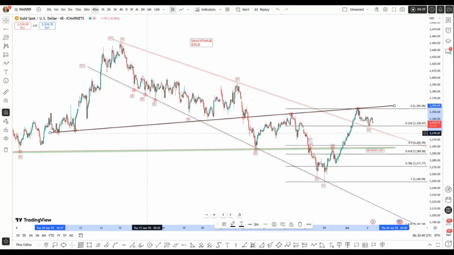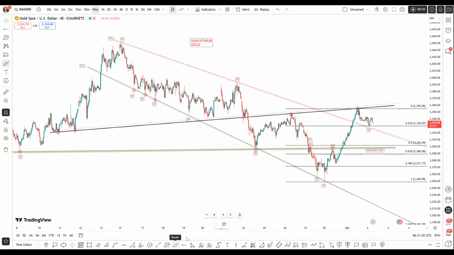So you can see what price has done there. That's a key level. This price action is what is responsible for everything you have seen that happened yesterday. This is the price action. It came from here.